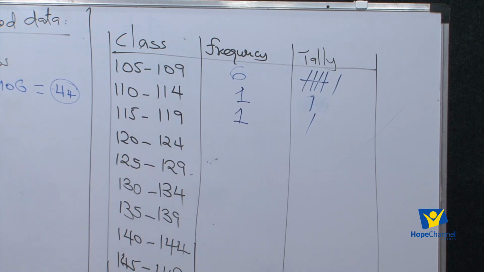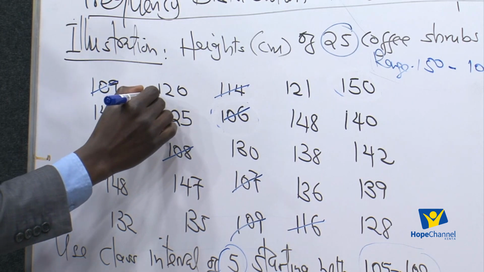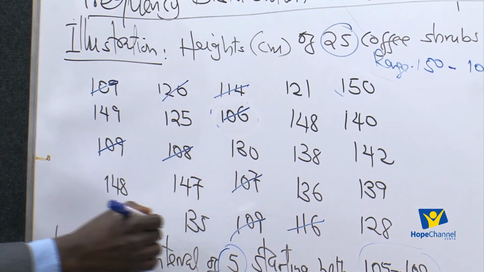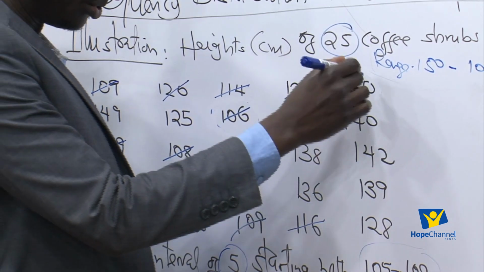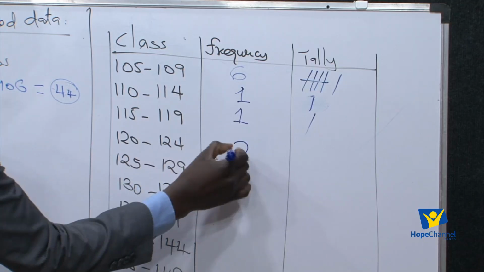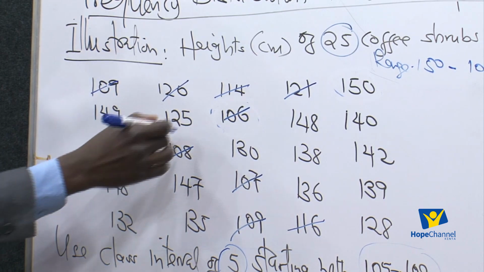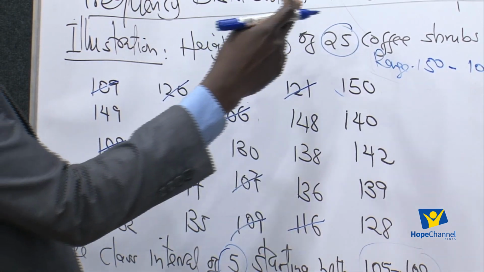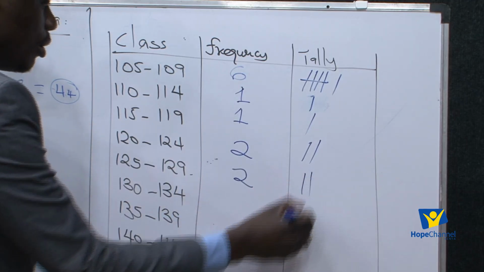Good. 120 to 124: 1, 2. So here we are only having 2. Then 125 to 129: 1, 2. So here is also 2.